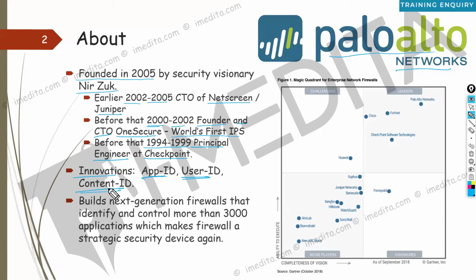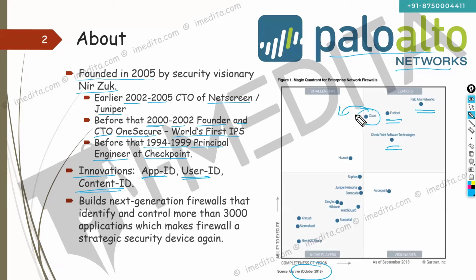that is counted as Content ID. Now, here you can see the Gartner report of 2018. At that time, there were four leaders in firewall: Palo Alto, FortiGate, Checkpoint, and Cisco was also there. But at present, in this list there are only three leaders: Palo Alto, Fortinet, and Checkpoint.